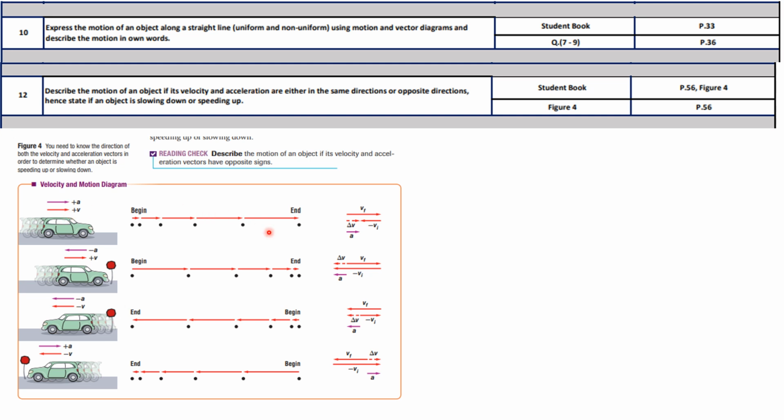So in this case, the car is speeding up. What if the acceleration vector and velocity vector are opposite? In this case, the car is slowing down. And here I write it for you: in the 1st and the 3rd, speeding up. In the 2nd and the 4th, the car is slowing down.